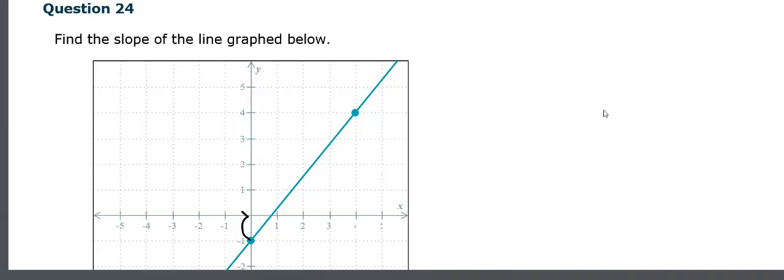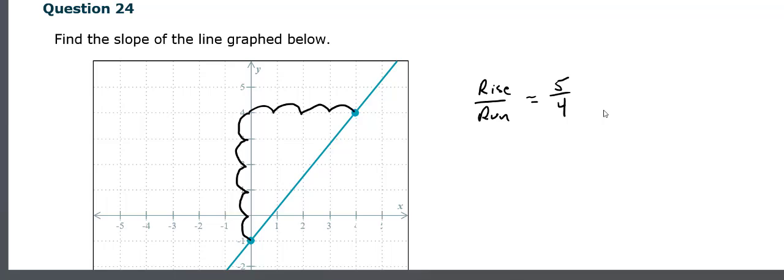I move up 1, 2, 3, 4, 5. So the change in the rise is +5 because I moved up. And then the change in the run would be 1, 2, 3, 4. So my slope would be +5/4.